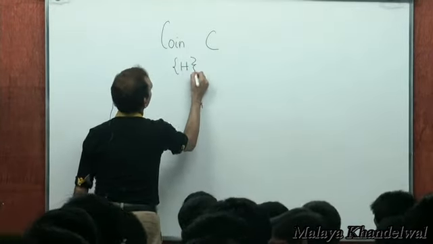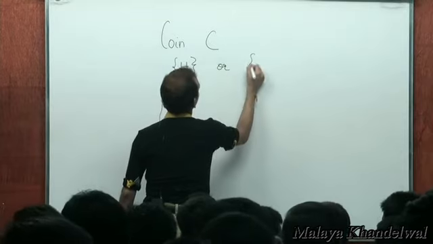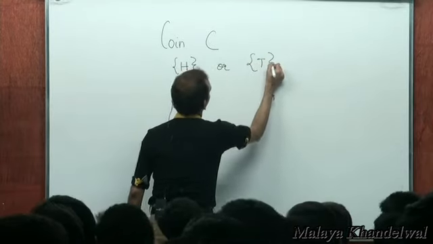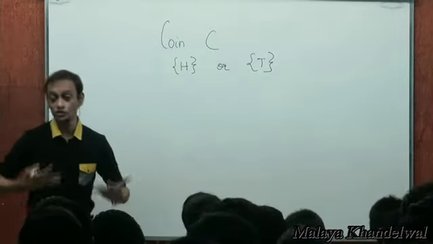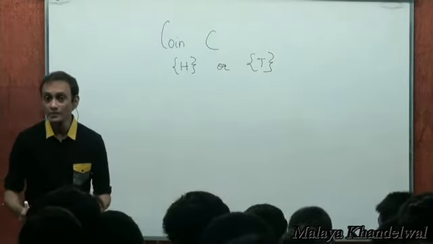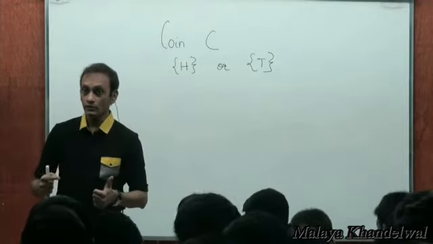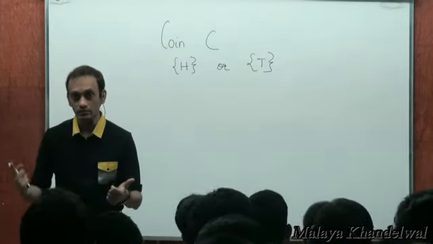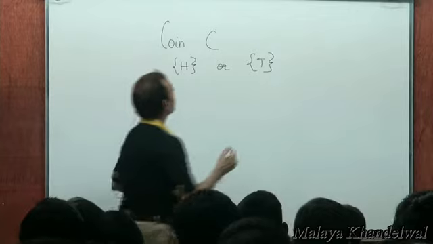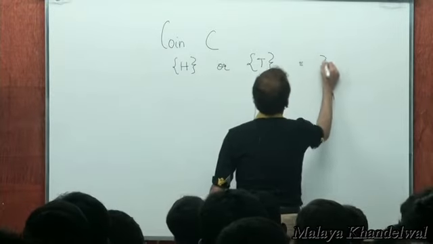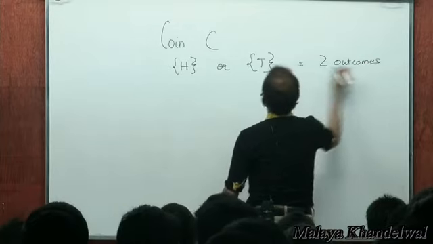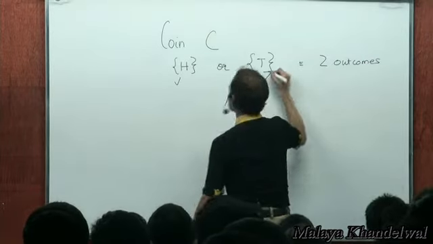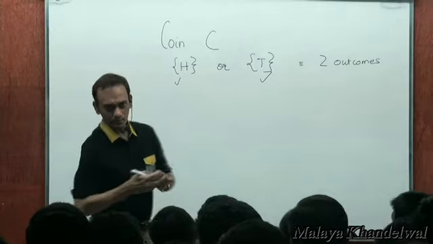Heads or tails. H denotes head, T denotes tail. Two outcomes, if I tossed a coin: a head or a tail. In this case it is so easy to count, 1 plus 1, right?